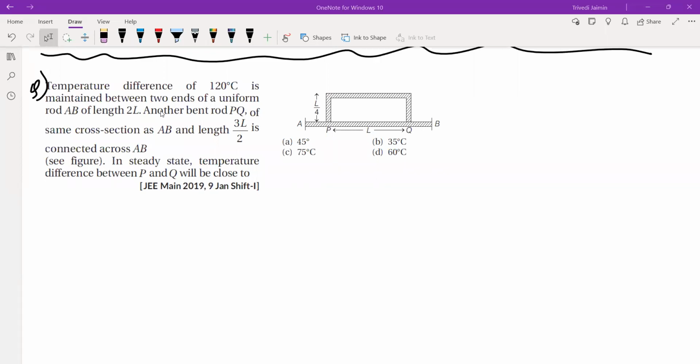See what they're saying. The length of each section, we have L here, and L by 4 on the sides, right? So this will be L, then remaining will be L by 2, L by 2.